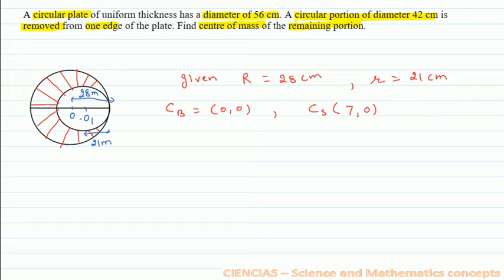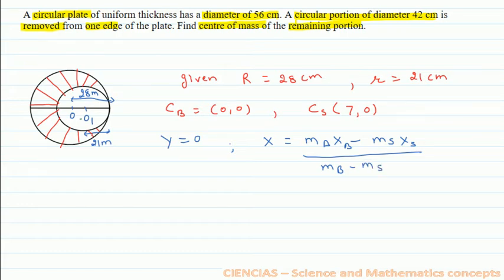Now what will be the formula of center of mass? Since y coordinate will be 0 because both big plate and small plate have y coordinate equal to 0. But for x, mass of big plate into x value of big plate minus mass of small plate into x value of small plate, upon mass of big plate minus mass of small plate.